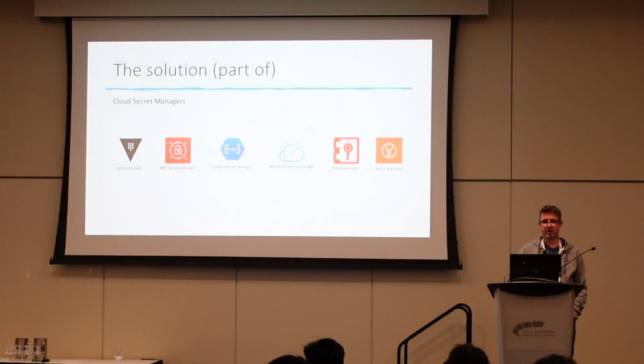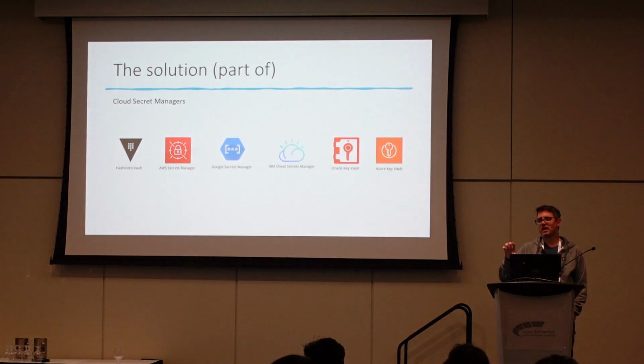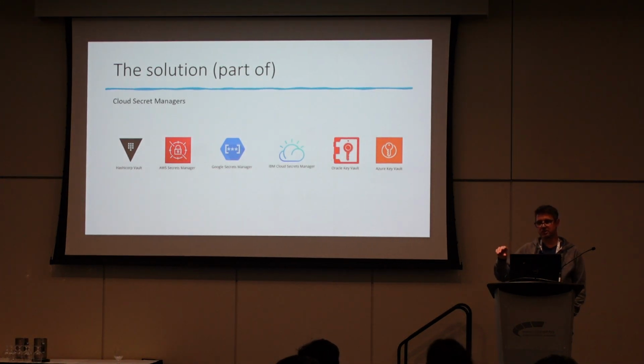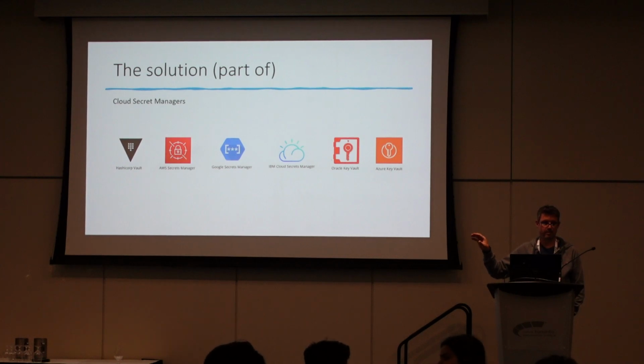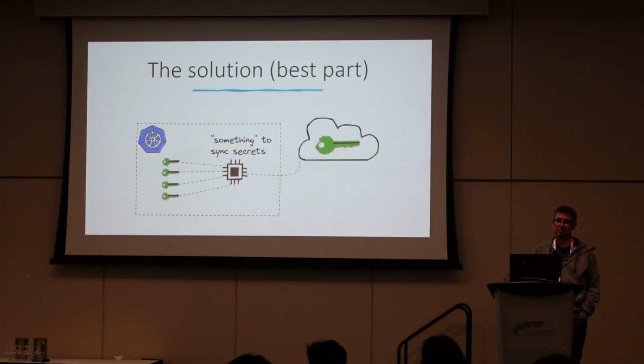So that would be part of the solution: having all those credentials stored in one of those secret managers. And the other part would be having something that syncs the secrets, pulling them from the cloud provider of your choice and injecting that into your cluster, creating a Kubernetes secret.